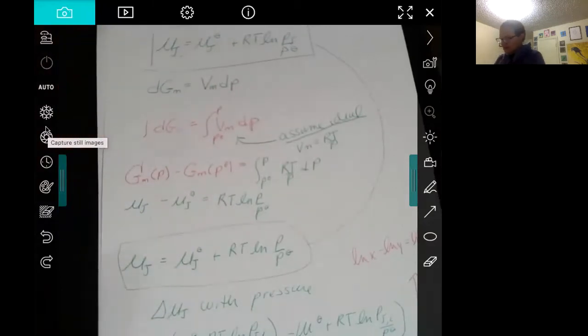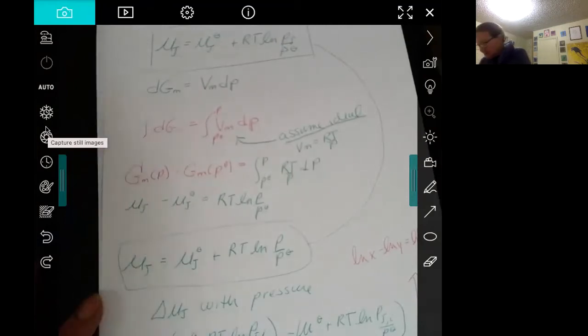So if we have any old random set of pressures and we want to go from pressure initial to pressure final, then our final state is the chemical potential at a new pressure versus our initial pressure.